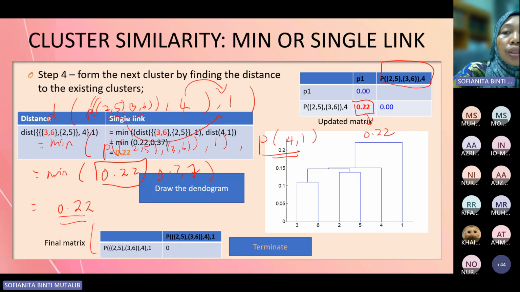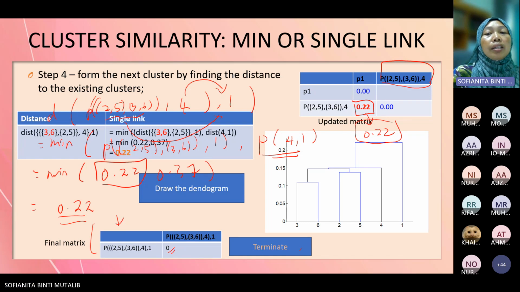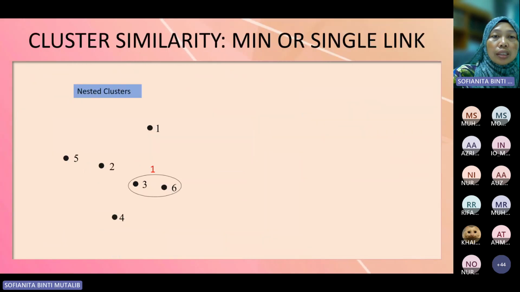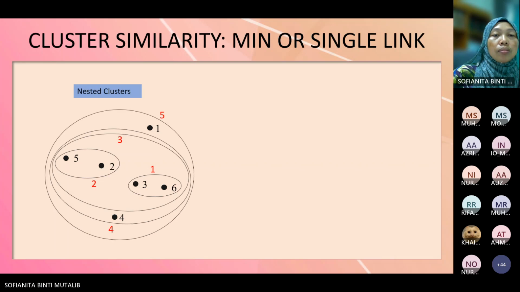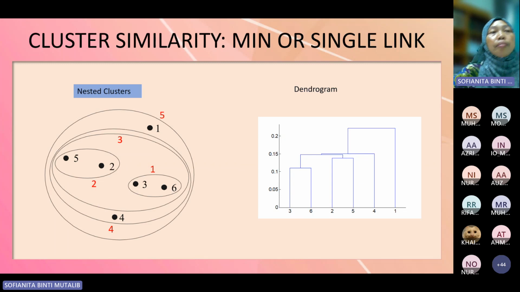After you get 0.22, this is the lowest considered, then we can update the matrix like this, so it's equivalent to 0, then it will terminate the process. Okay, and this is the updated dendrogram. So at the end, the final nested clusters that you get will look like this. Okay, and this is the dendrogram.